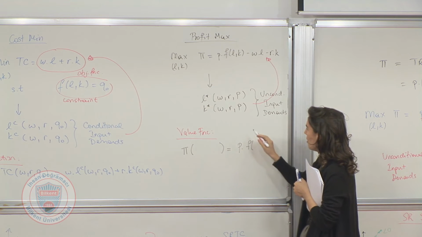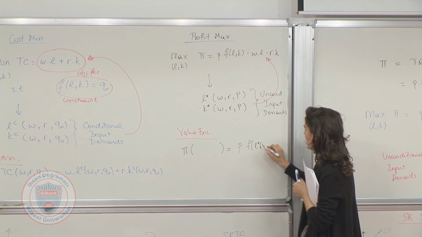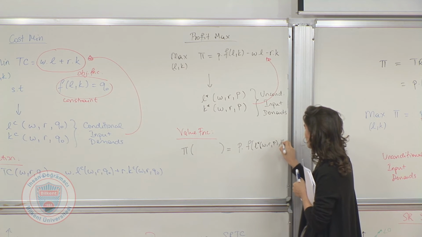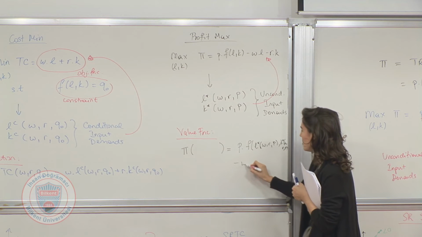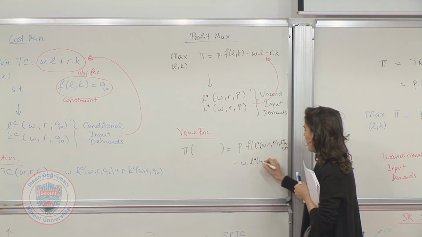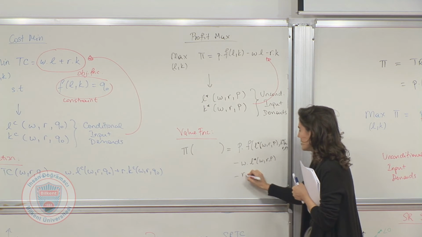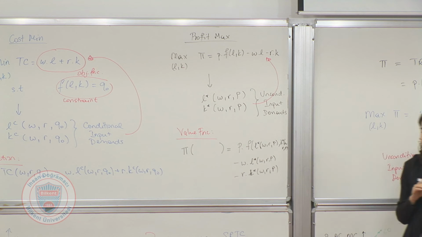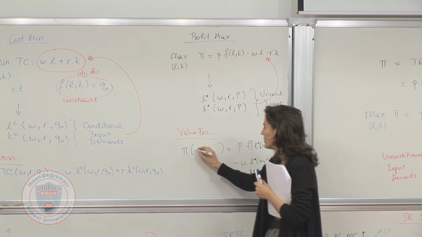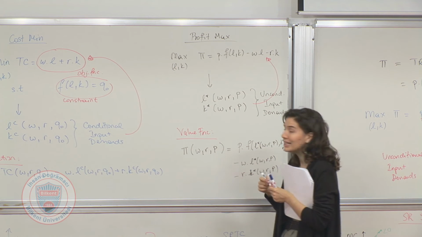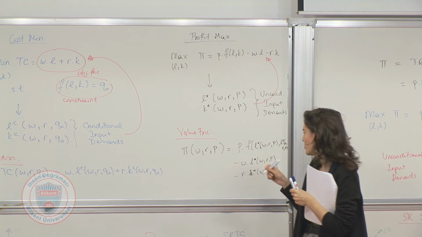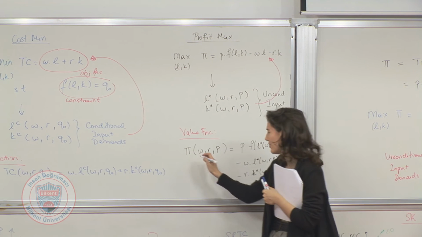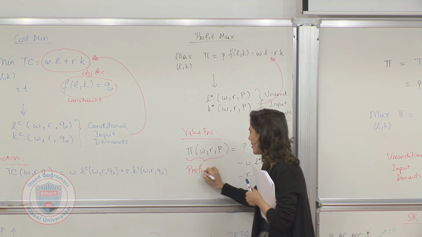P times F(L star(wage, R, P), K star(wage, R, P)), minus wage times L star(wage, R, P), minus R times K star(wage, R, P). This is the value function, and it's going to be a function of wage, R and P. This guy is called the profit function.